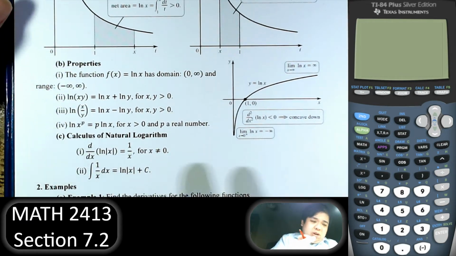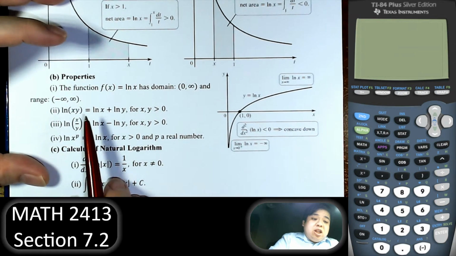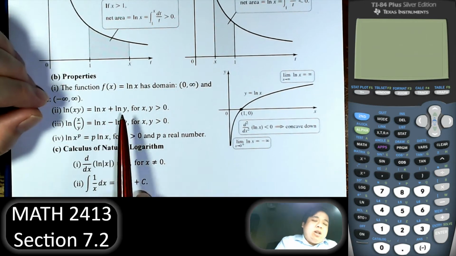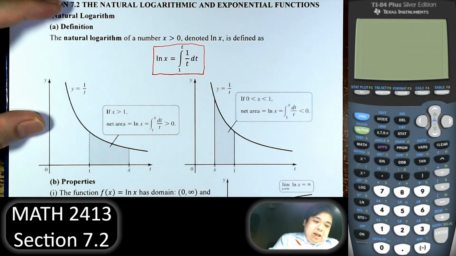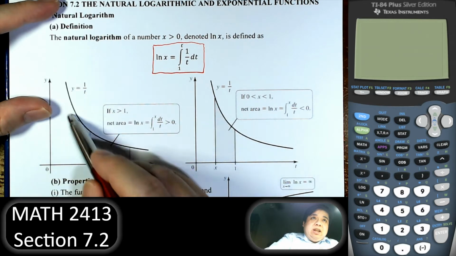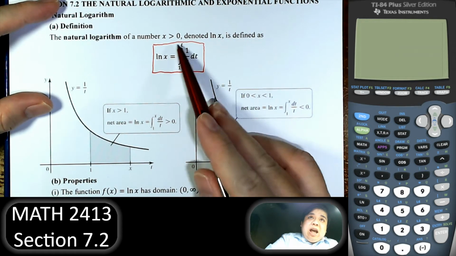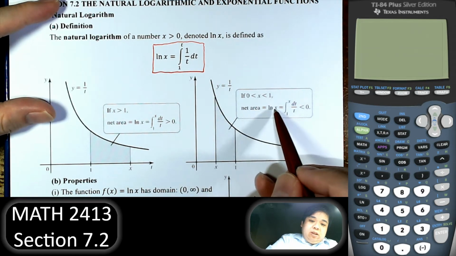It's not totally difficult, but I'm not going to prove that, because these properties we already have from algebra or calculus. First of all, we graph 1 over t, which looks like this, and if we define the net area as that function, then we have the natural log of x.